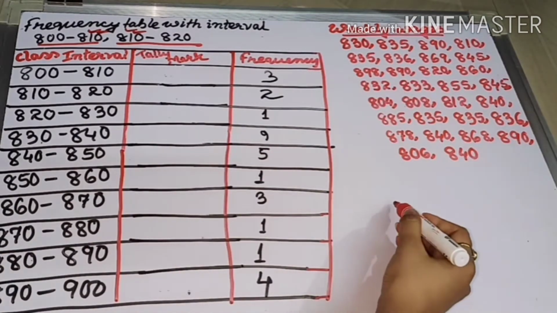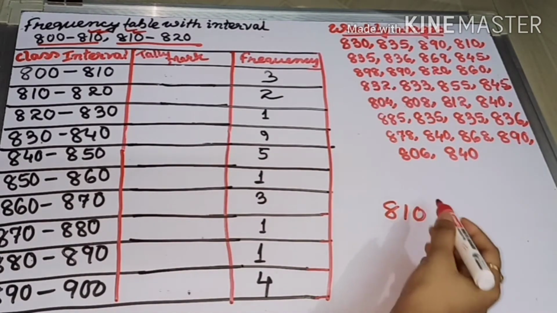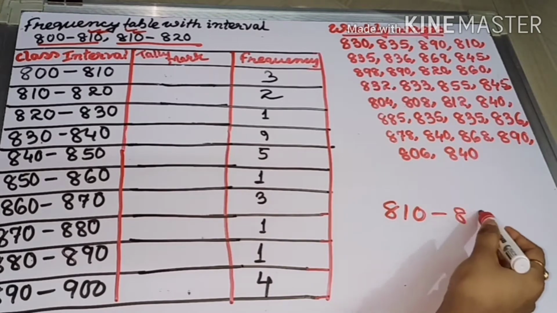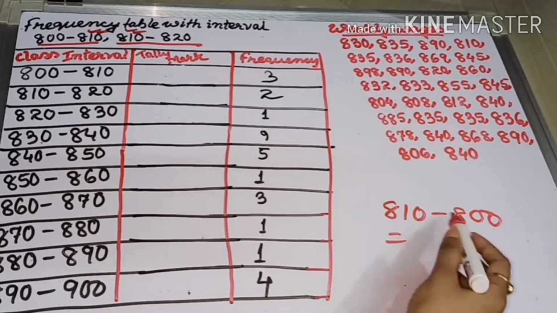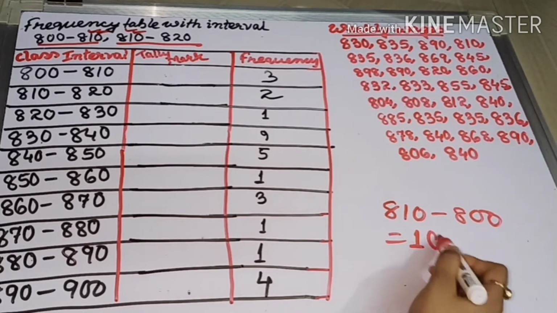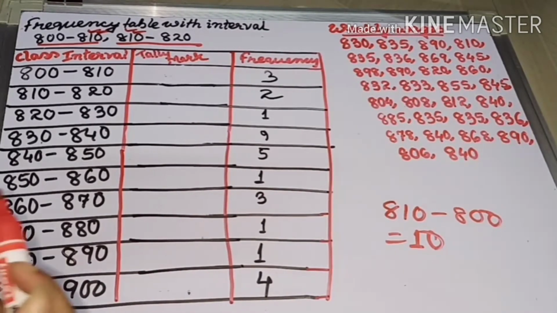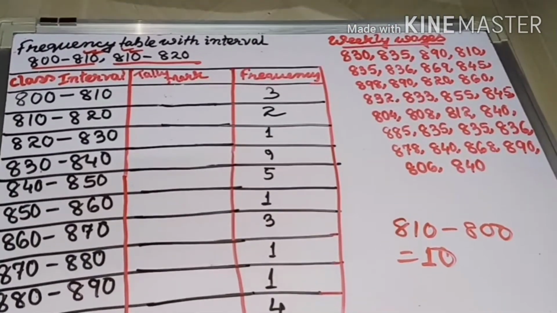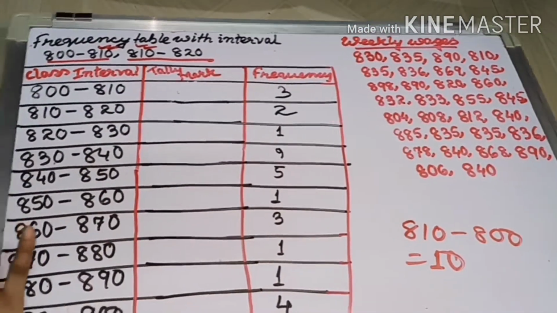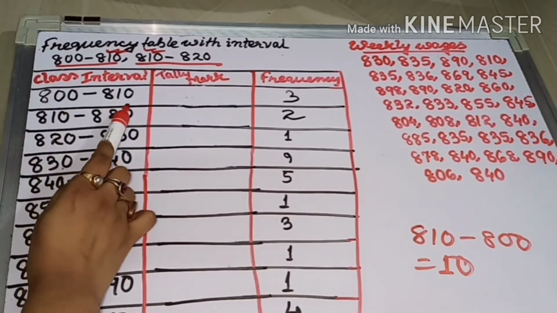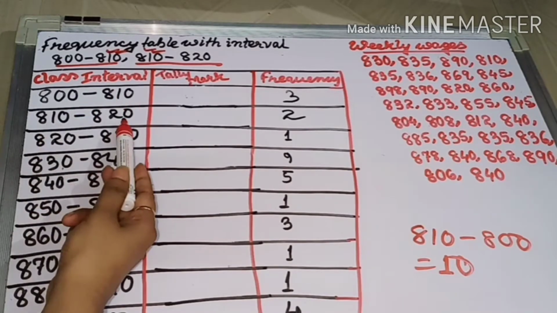Now what is the class size? Here the upper limit is 810 and the lower limit is 800, so the size will be 810 minus 800, which is 10. So throughout we have to maintain the class size of 10.